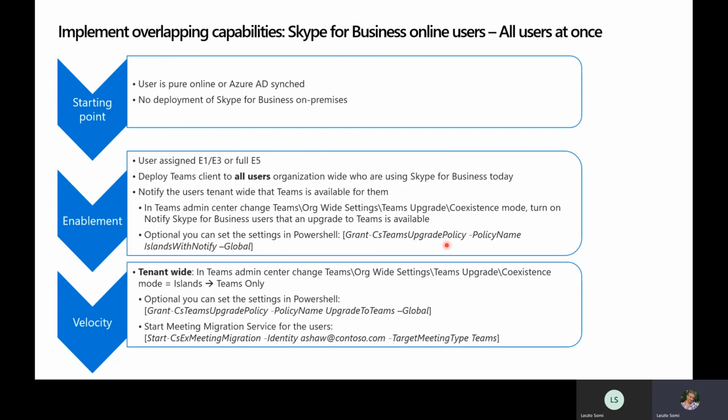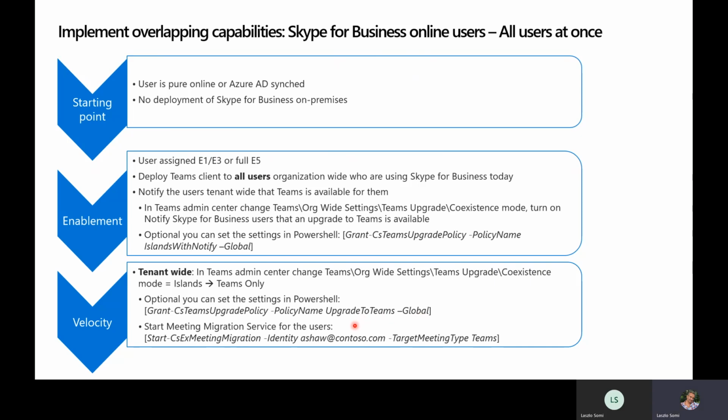You drive your adoption change management program, no skipping there. When you're ready to cut over to Teams, you make an organization-wide change from Islands mode to Teams only. You can do this in PowerShell also.